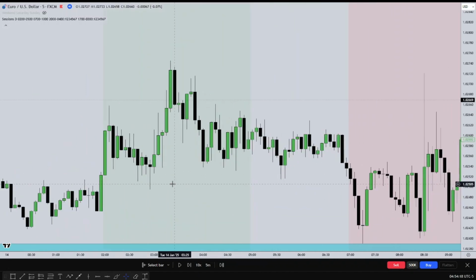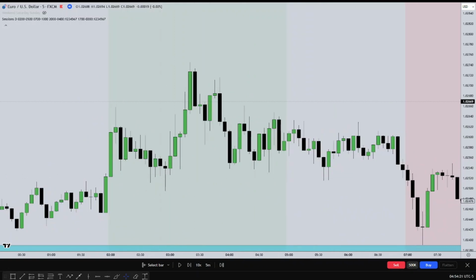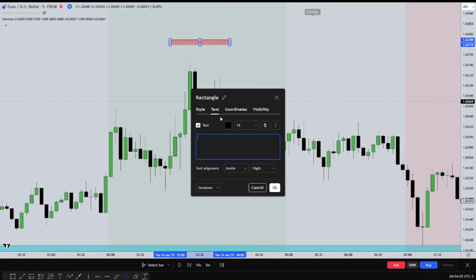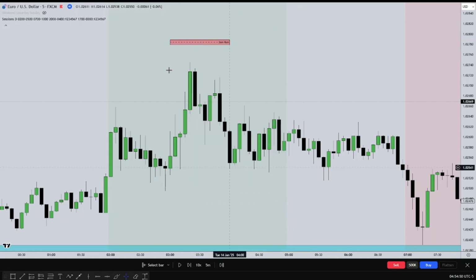Now getting to 3 a.m. So here's our trading period, 3 a.m. to 4 a.m. Let's make this red and call it the 3 a.m. to 4 a.m. So here's our time range to look for our entry.